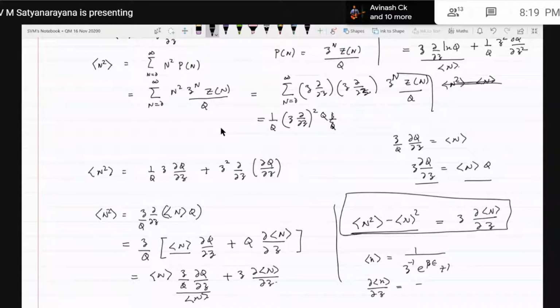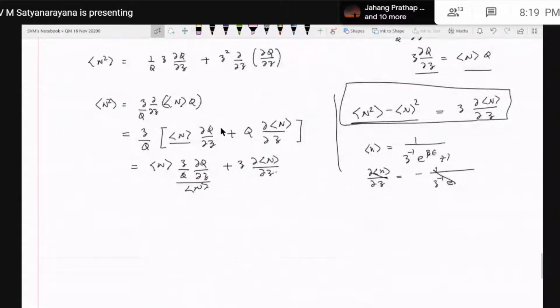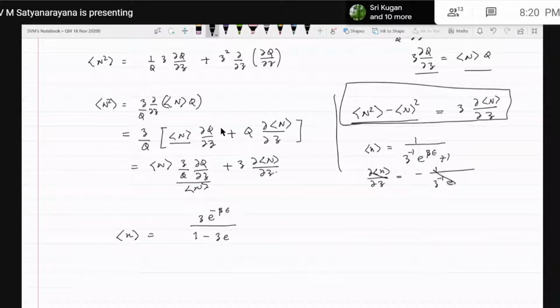That is equal to minus 1 by z inverse. Or I could have written this as n equal to z e to the minus beta epsilon divided by 1 minus z into e to the beta, into minus beta. And this is how I get this one.